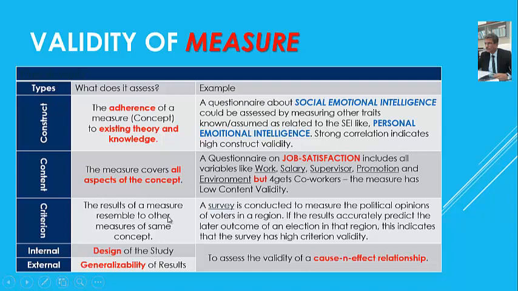Like a cycle and a motorcycle, bike or motorbike, they have similar purposes and can give similar results with high and low speed. So there is a kind of criterion validity in both the bike and the motorbike.